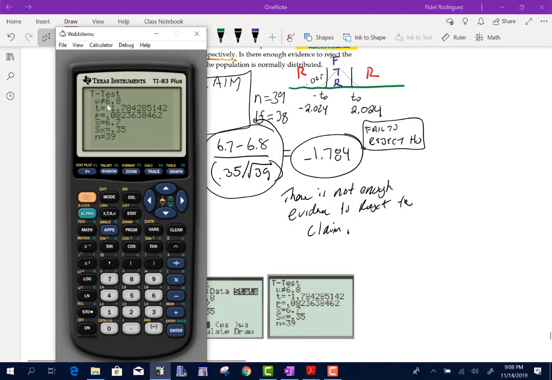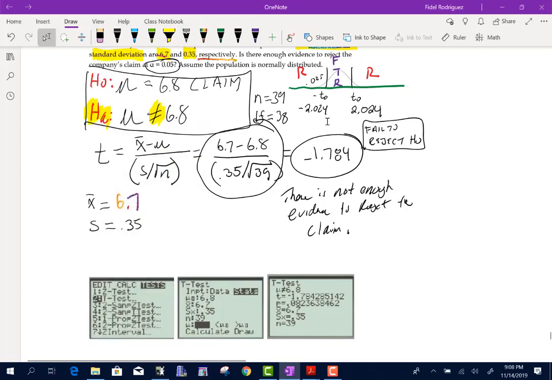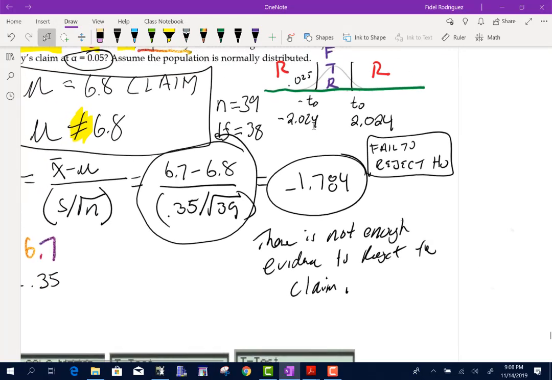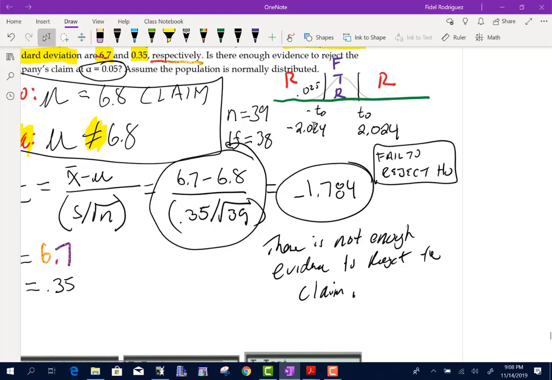Okay, let me ask you a question. Negative 1.784? Isn't that part right there? Guys, what the calculator did for me, didn't it really just compute that number? In terms of what we did right here, isn't that what it did for me? Did the calculator, when we did our t-test, tell me this number here and that number there?